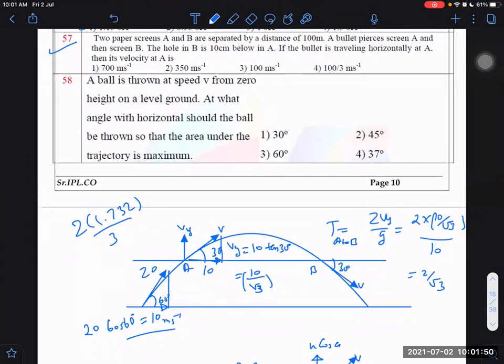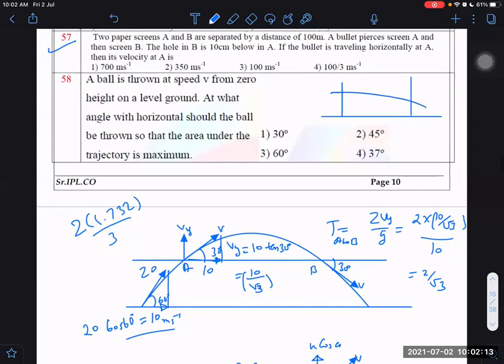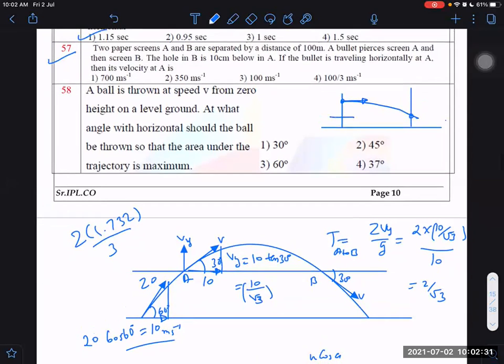Hole in B is 10 centimeter below A. If the bullet is traveling horizontally at A, then the velocity at A is... How to get? 100-meter distance is given.